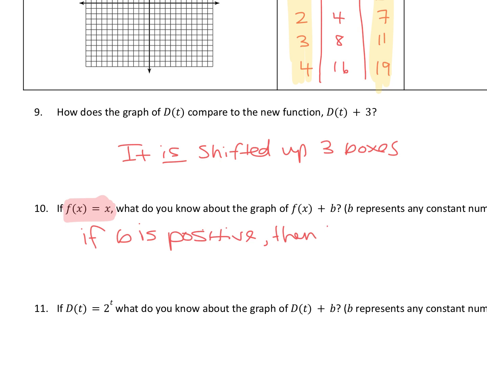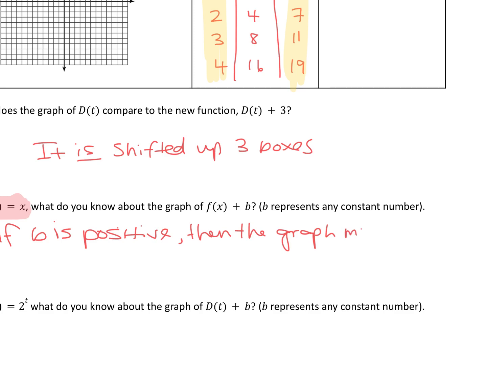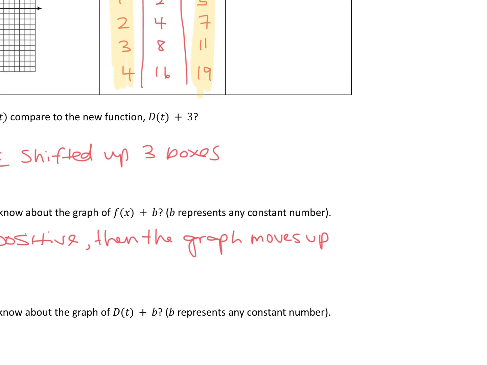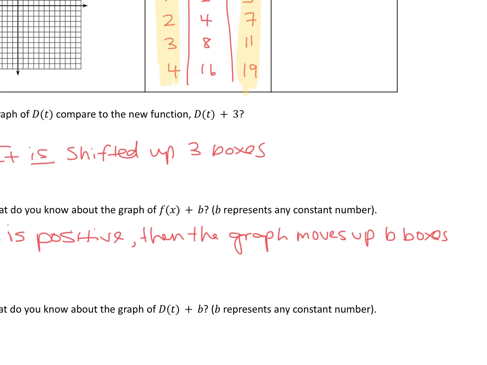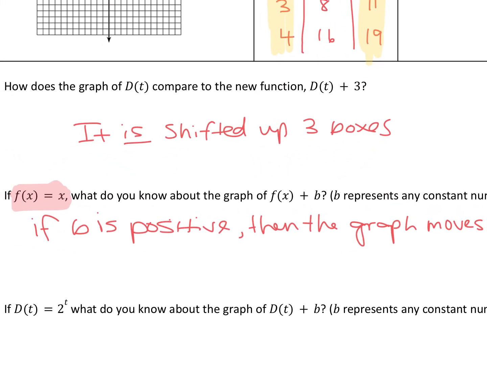Then the graph moves up b boxes. Okay, but what if b is negative? Then it's going to just move down.